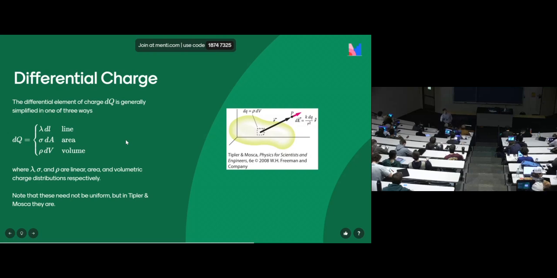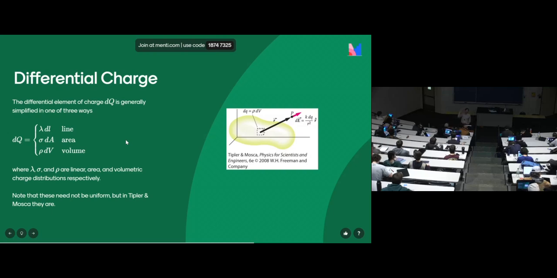Now, what's going to be nice about the integrals that we're doing is that in this class, lambda, sigma, and rho are all constant, or uniform. It's going to say it's 1 nanocoulomb per meter, or 1 microcoulomb per square meter for lambda and sigma respectively.